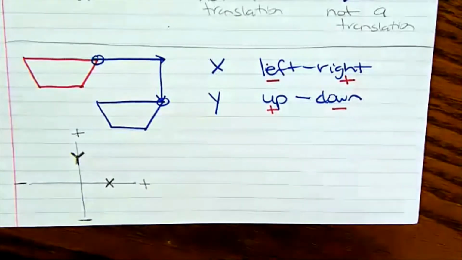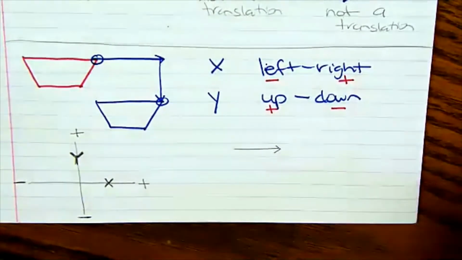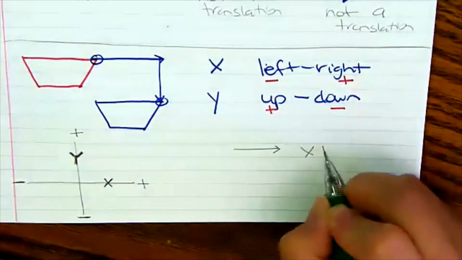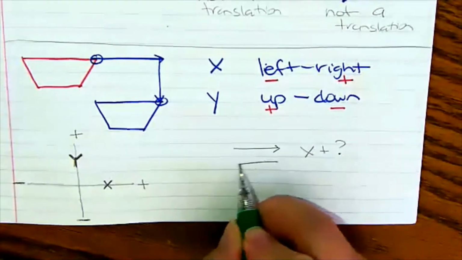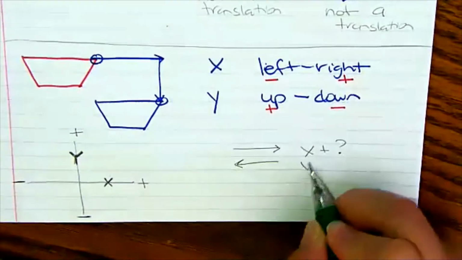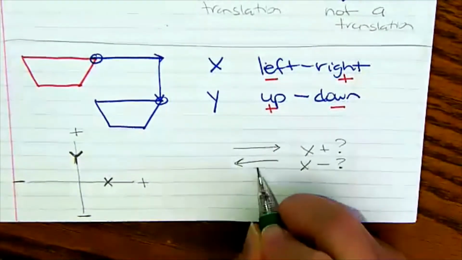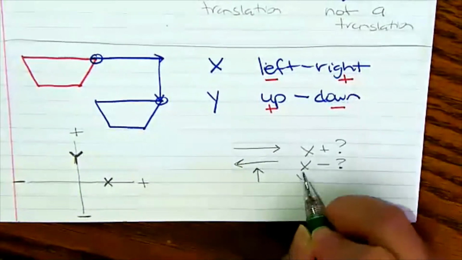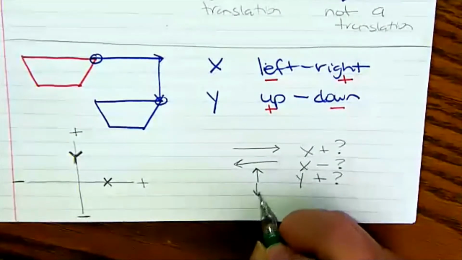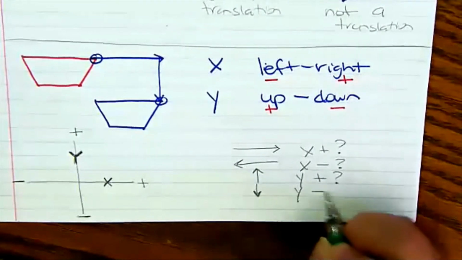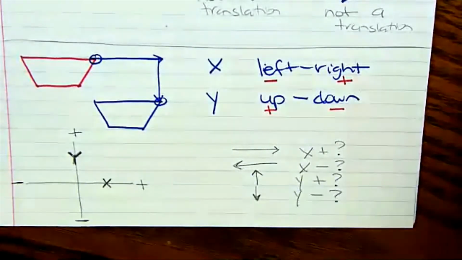Another way to think about it is, if the original image is going in this direction, it's x plus some number. If it's going in this direction, it's x minus a number. If the original image is going up, it's y plus a number. Or if the original image is going down, it's y minus a number.